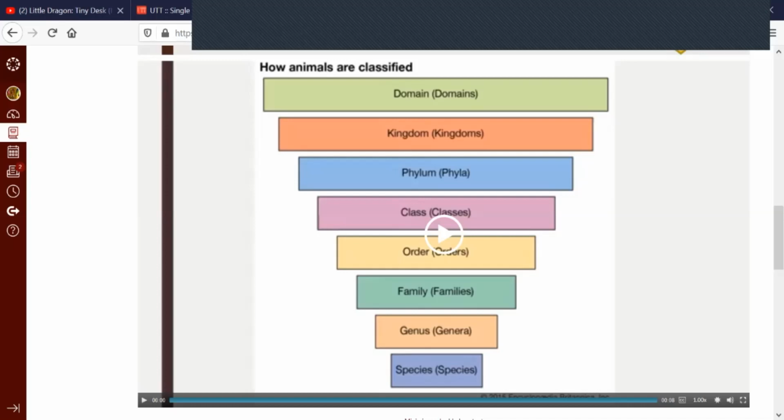And so we're putting them into larger and larger categories where they will share traits with more and more things, right? So species is very specific, genus is less specific, and so on. So in classification, we're taking the small item and putting it in the larger one.